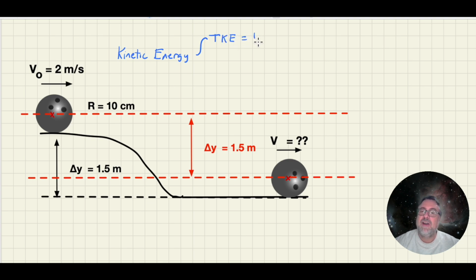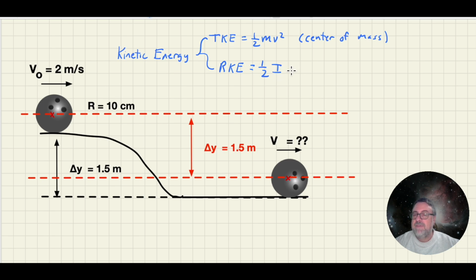That's our good friend 1/2 mass times velocity squared. Now, that's translational kinetic energy, and I calculate that using the center of mass velocity. But now there's also rotational kinetic energy, or RKE. Now, that's going to be equal to 1/2 the moment of inertia times the angular velocity squared.